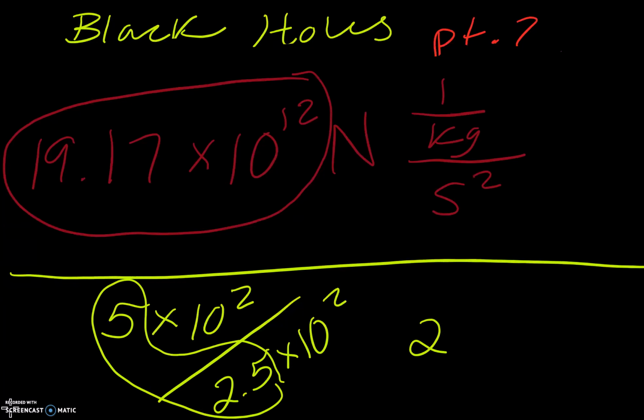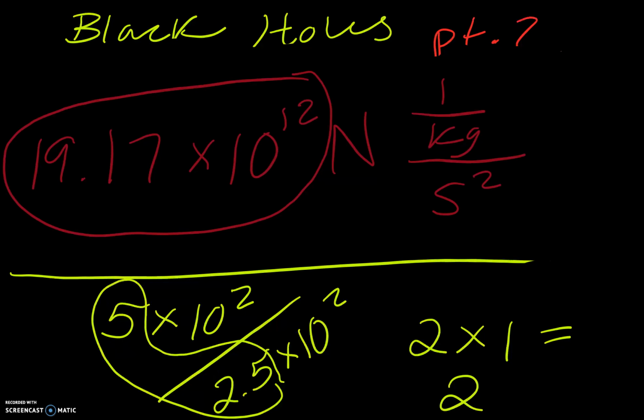So then you're going to get 2 times, and then when you're dealing with your exponents, you're going to subtract them in this case instead of adding them. So 2 minus 2 is 0, 10 to the 0 is 1, so your answer is 2. Those are really the only 2 rules that you need to understand in order to do these equations.